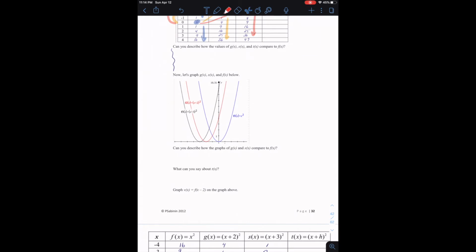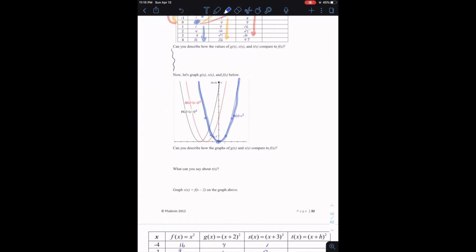So what we have here is our base function, basic x squared. It starts at 0, 0, and we have the same pattern that we're used to.